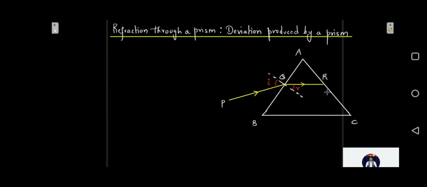So this ray QR is going to suffer another refraction at the face AC. Since it is going from a denser medium, that is glass, to a rarer medium, it is going to bend away from the normal. So we are going to draw another normal over here.